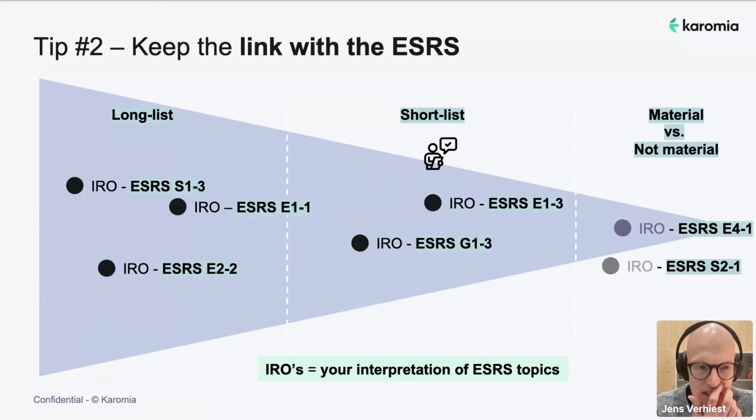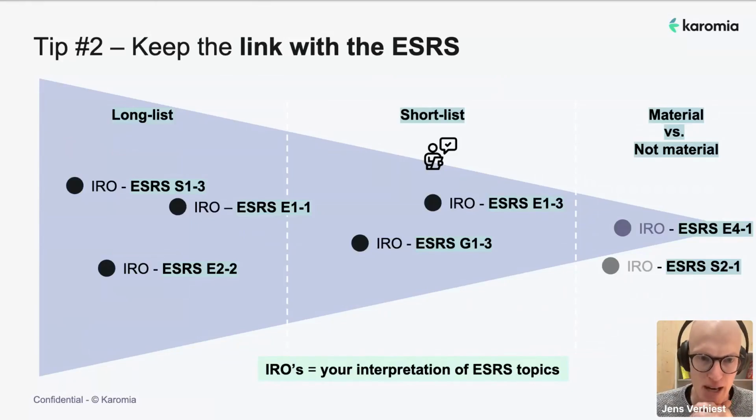Why? Because the relationship between the IRO and the ESRS topics will be established from the beginning, and it will allow you to be exhaustive in the identification of the IROs, because if you start just out of the blue identifying IROs, there might be big blind spots. You might not be thinking of your business in the context of affected communities or in terms of biodiversity. And that's something that you want to avoid.